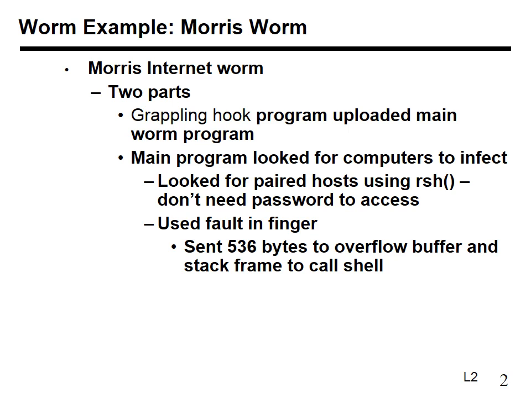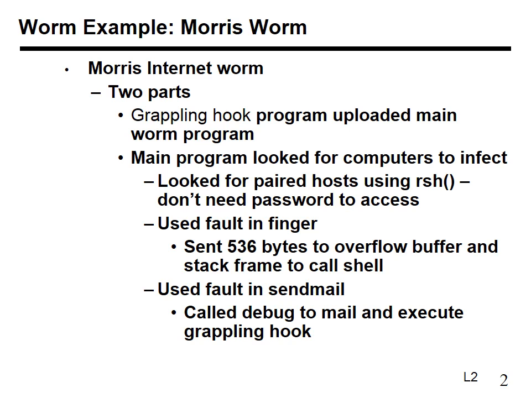Once you've got the shell called on any computer, then you basically have control over that computer. We'll talk a little bit more about what buffer and stack frame overflow is very shortly. It also used a fault in SendMail, another utility program used to send mail, in order to actually execute the grappling hook program.